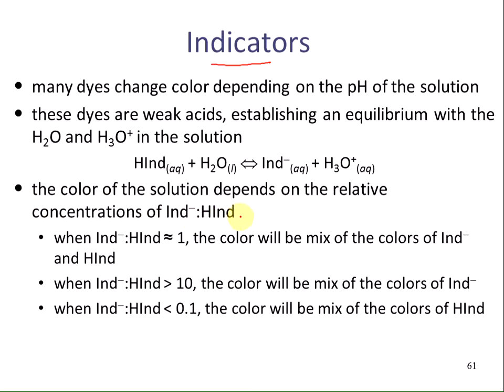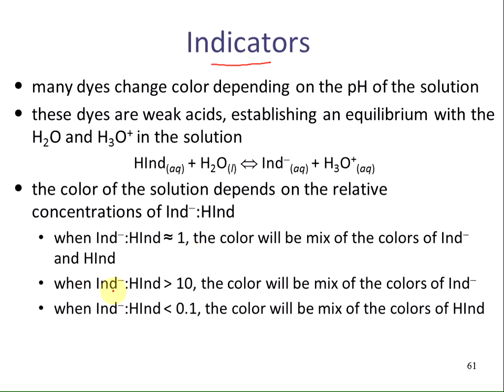When you have equal amounts of the protonated and non-protonated form of the indicator, so equal amounts of the acid and the conjugate base, the color will be a mixture of the colors of the protonated form and the deprotonated form.